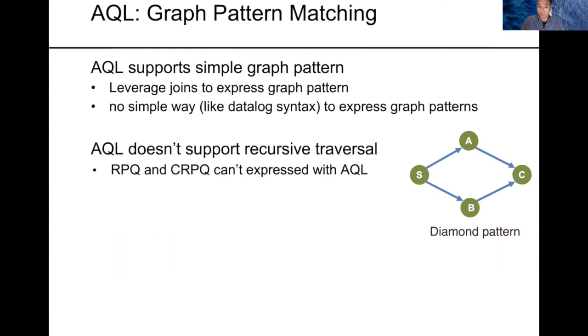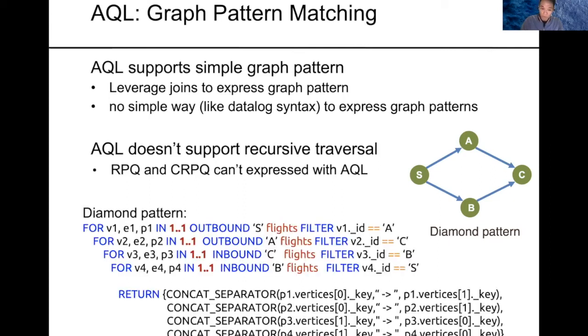But there's no easy way to express more complex graph patterns. Here is an example, a diamond pattern. We need four for loops to do the join.